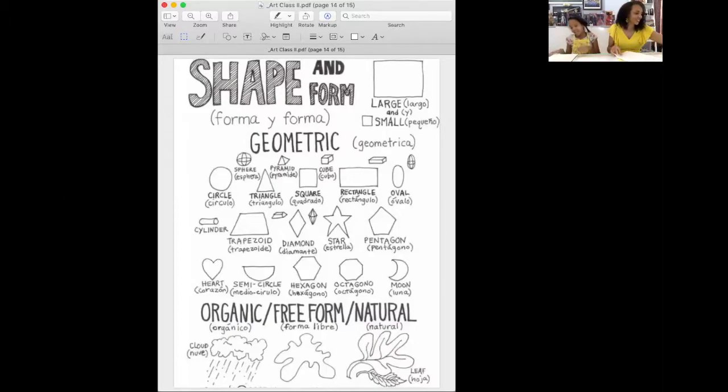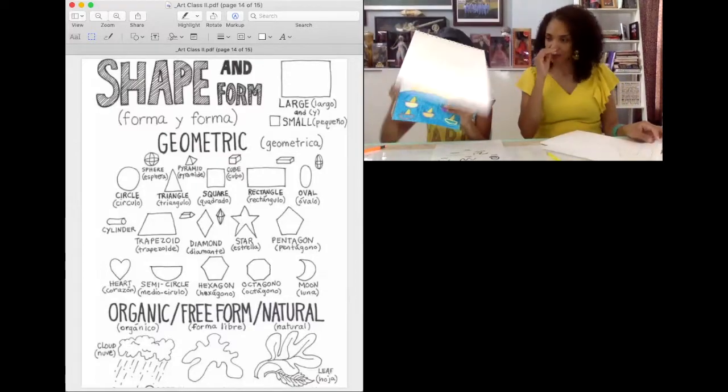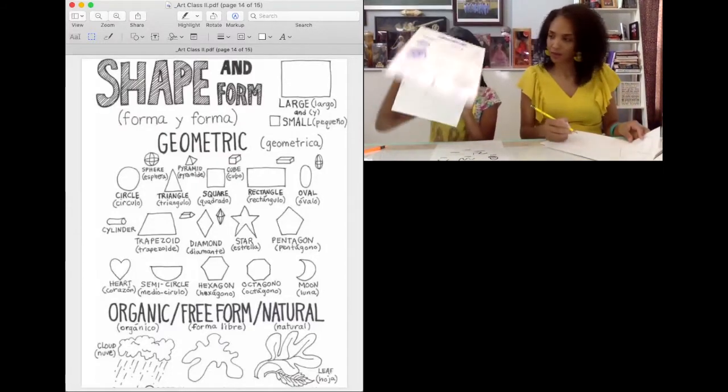So you can draw your own design using any shapes or lines that you want. And this time I'm going to continue with my shapes here that I drew. And then I'm going to add some geometric shapes, add some other freeform shapes, and we'll see what we have.